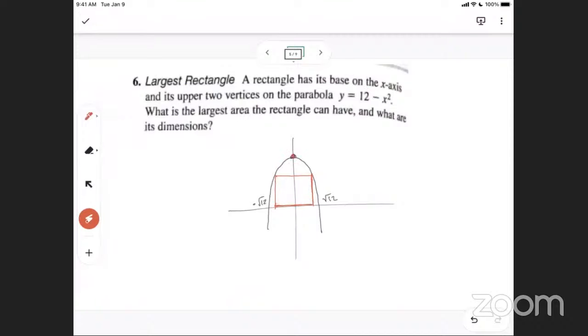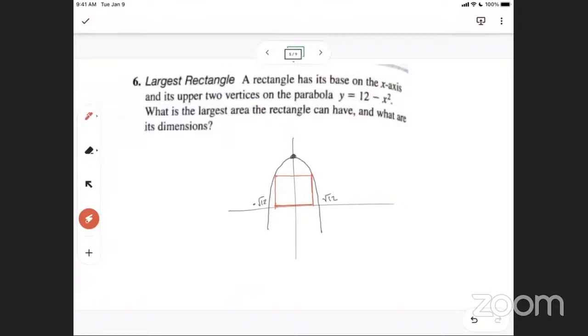And because this is centered, the axis of symmetry is on the y-axis, you know that these distances right here have to be the same also. That distance has to be the same as this distance right here. It's got to be symmetric, in other words. Do I have to explain that more, or is that pretty clear? No, I got it.